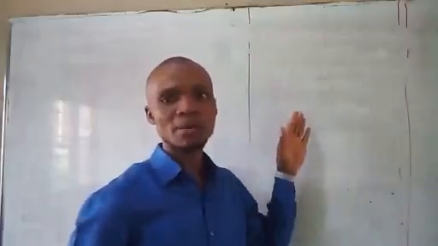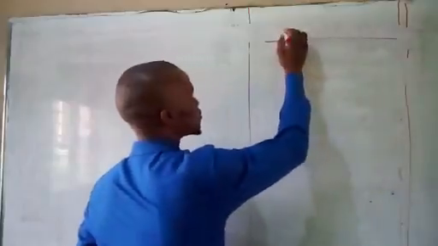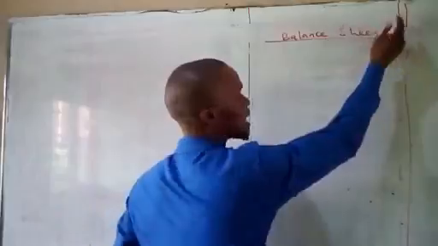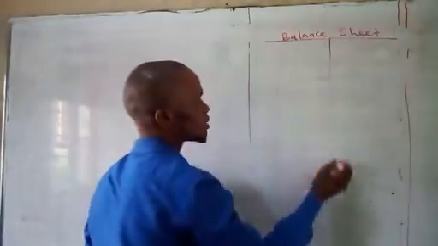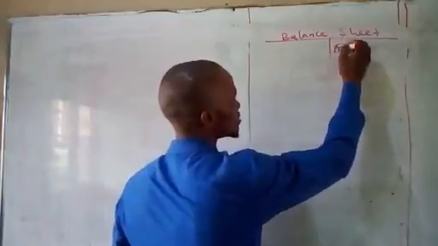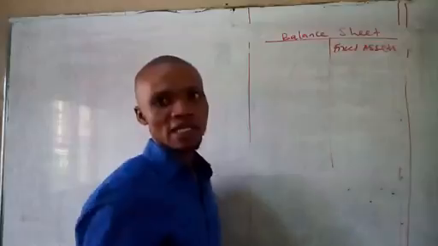Remember, when preparing a balance sheet, you start by writing down the name of the account, which is the financial statement, balance sheet, as at that date. Now we bring down a rule line this way. On the credit side, we have fixed assets. What are the fixed assets?